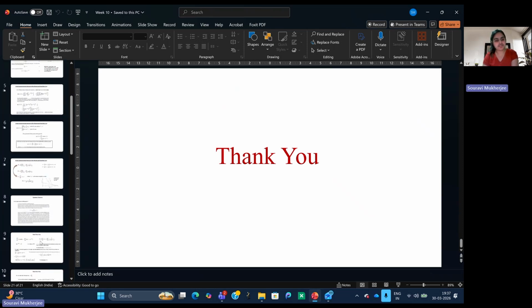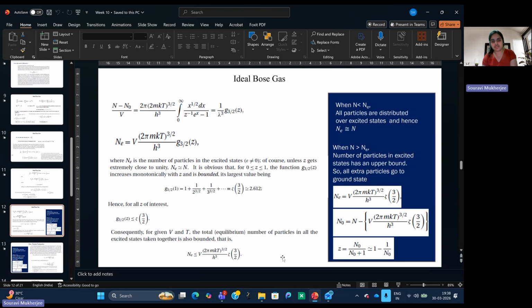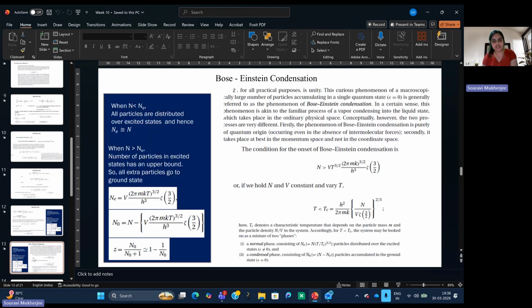The most important part from this section is to get used to this concept, and these relations are very important, particularly the expression for the temperature TC. The concept of how Bose-Einstein condensation starts happening as you go below the temperature TC is very important.